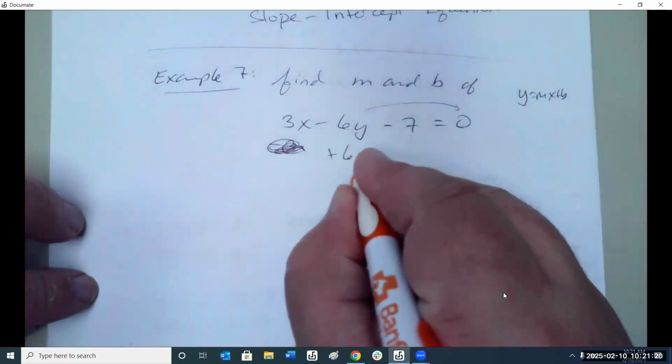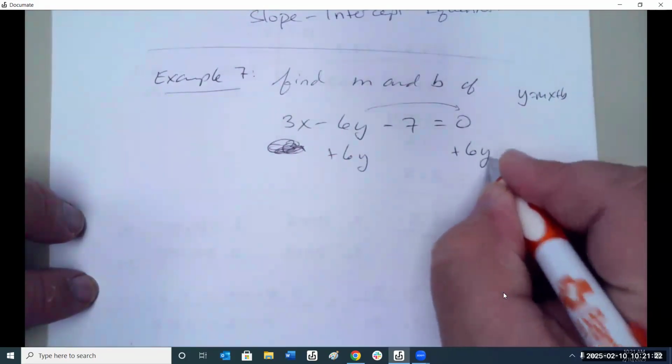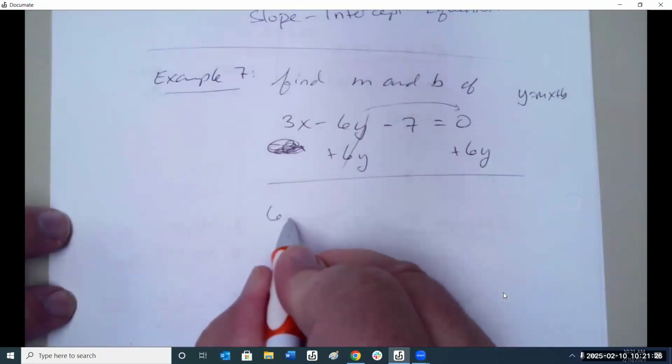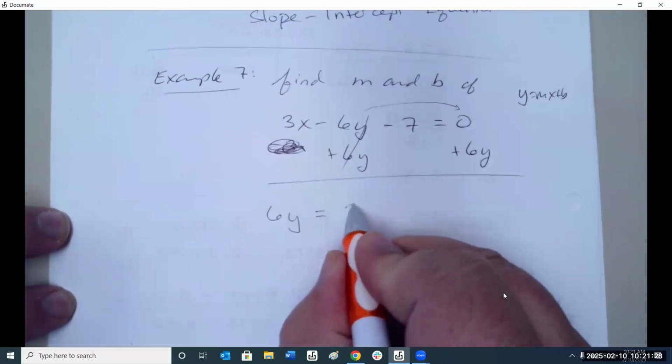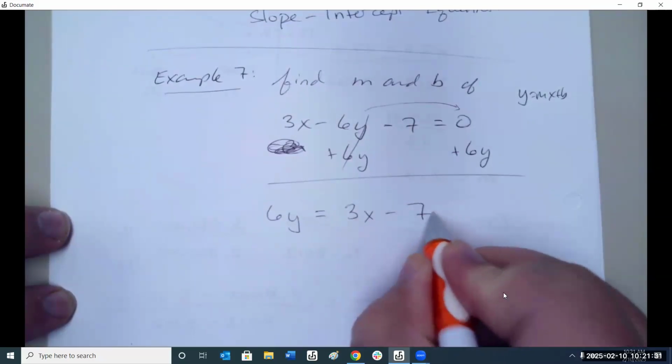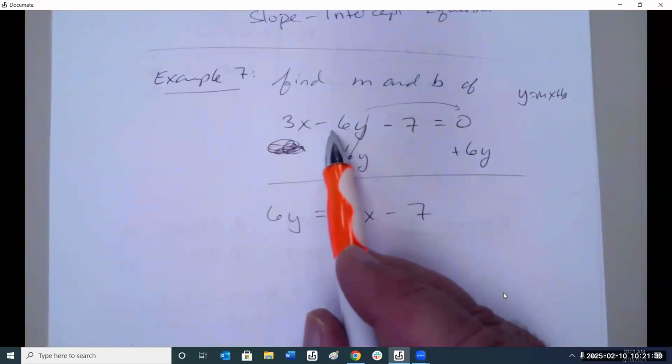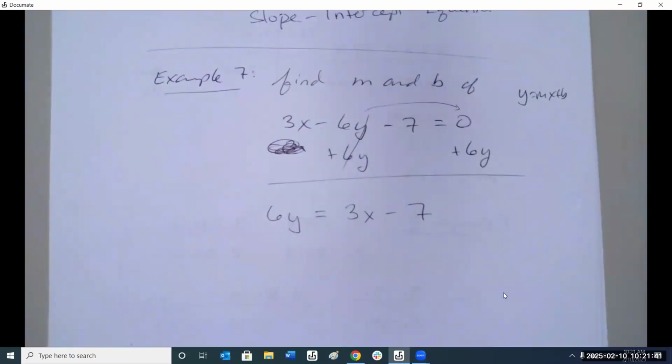If we added 6y to both sides, then we have positive 6y equals 3x minus 7. It was not wrong, but this is saving you some time. If your y is ever negative in the first step, move that one.